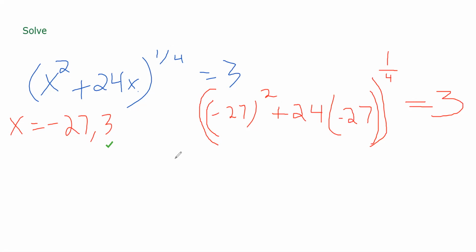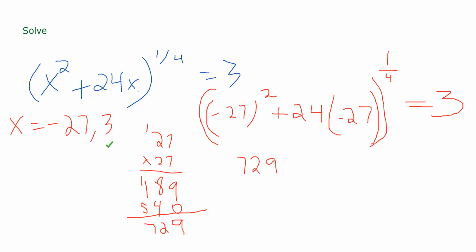And then it looks like we just need to do a little bit of side multiplication over here. So 27 squared is just 27 times itself. Do a little side calculation.